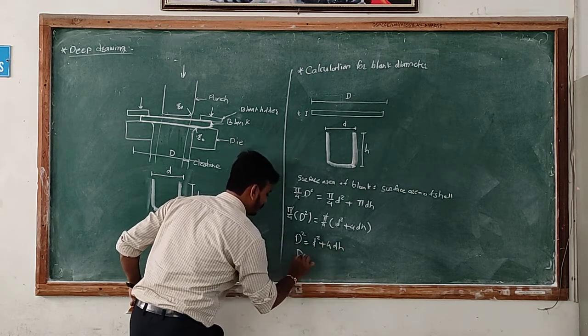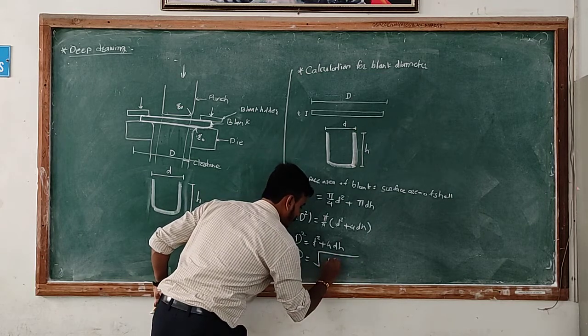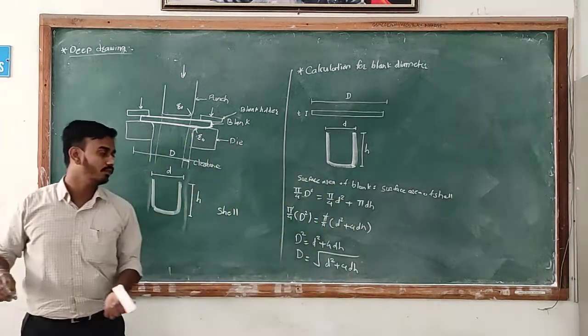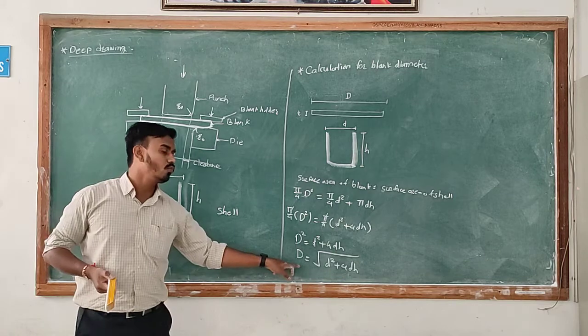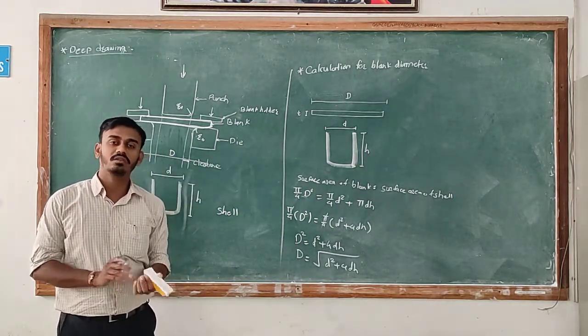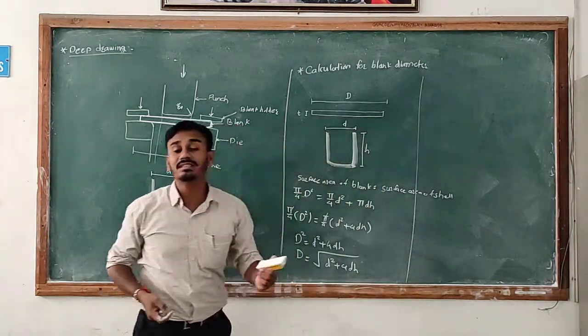Taking the square root, D is equal to the square root of d square plus 4dh. By using this formula, we can find out the blank diameter.